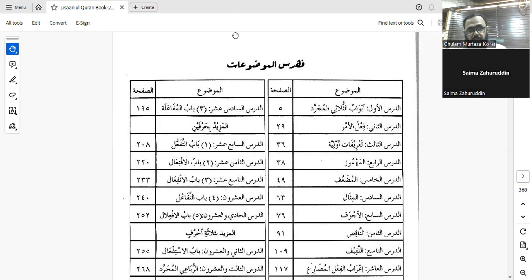Then ad-dars al-khamis, and that is Al-Muda'af. And you know that Muda'af, when in any verb two huruf of the same type become part of the verb. So that becomes Muda'af, like Madada, then it becomes Madda yamuddu, if you remember.